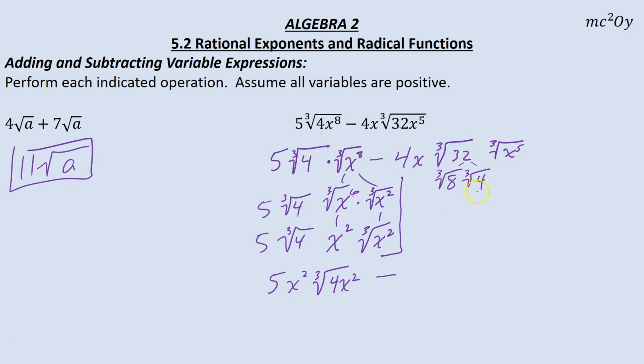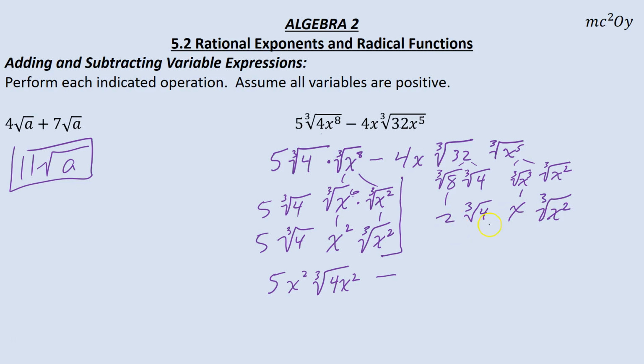Those two become that, and this would become cubed root of x cubed and cubed root of x squared. And so cubed root of 8 is 2, cubed root 4, and cubed root of x cubed is just x, and cubed root of x squared.